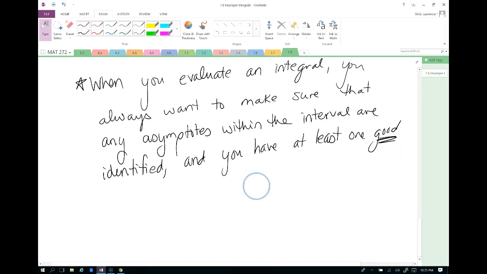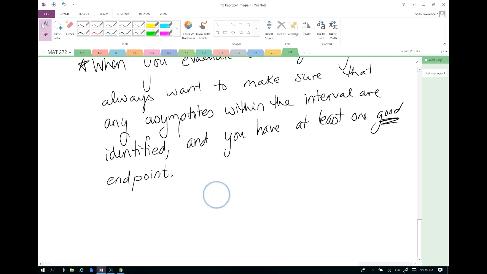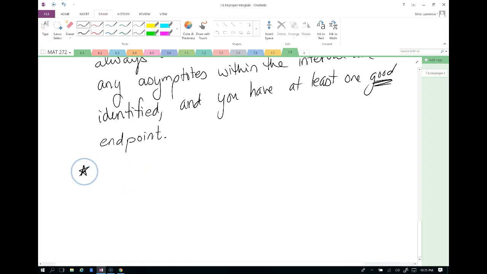So good is a very subjective word, but it means our function is defined. We're not going to have any trouble integrating and evaluating there. For those other endpoints, when we're going off to infinity or we're trying to evaluate at an asymptote, we're going to turn those into limits. And I'm going to call those our bad endpoints.